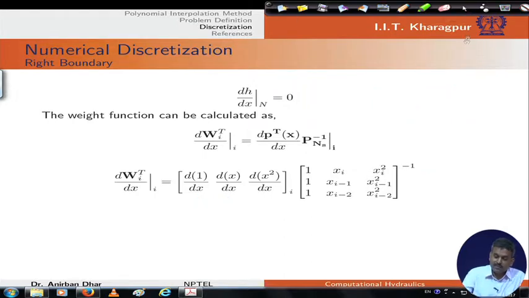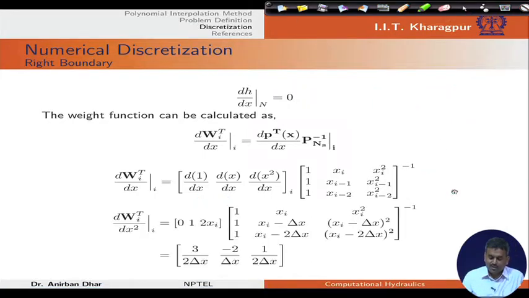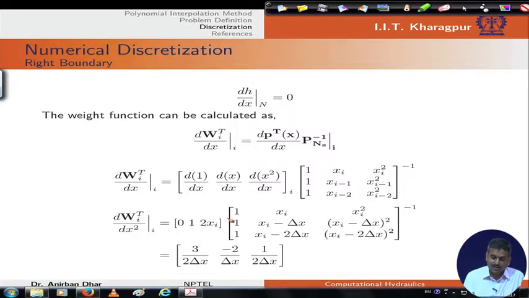With this approximation, the coefficients are 1 because this is first order derivative, this is 0, this is 1 and this is 2 x I for ith node. So, if we simplify this inverse thing, then we can get 3 by 2 del x, minus 2 by del x.